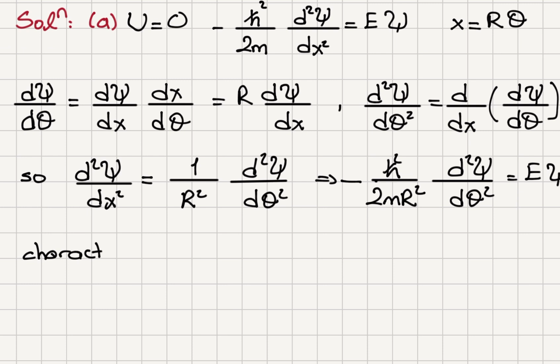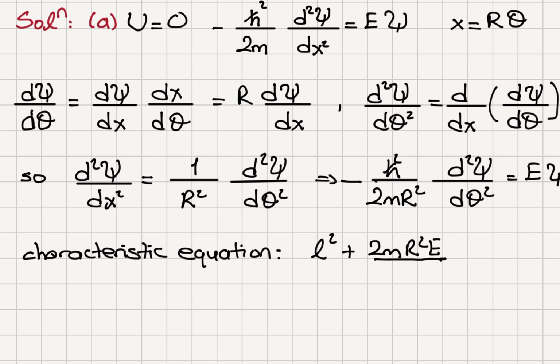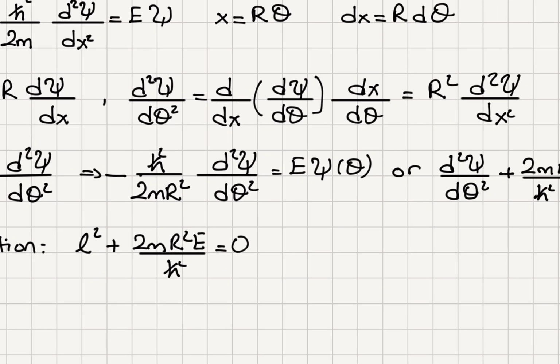The characteristic equation is L squared plus 2m capital R squared E divided by h bar squared is equal to 0, which has solutions L is equal to plus or minus i capital R divided by h bar square root of 2mE. And let's call this plus or minus i n.